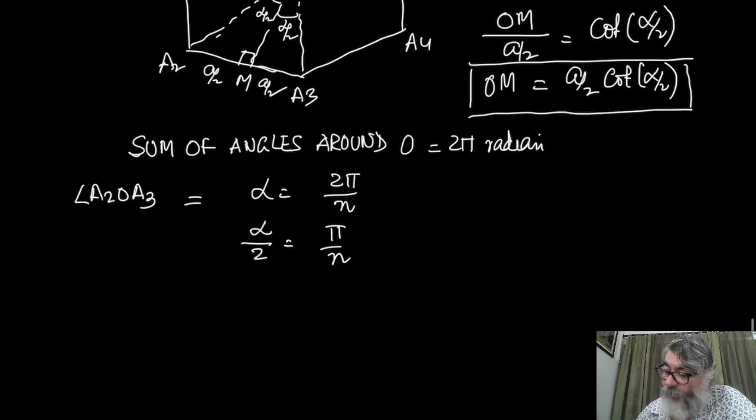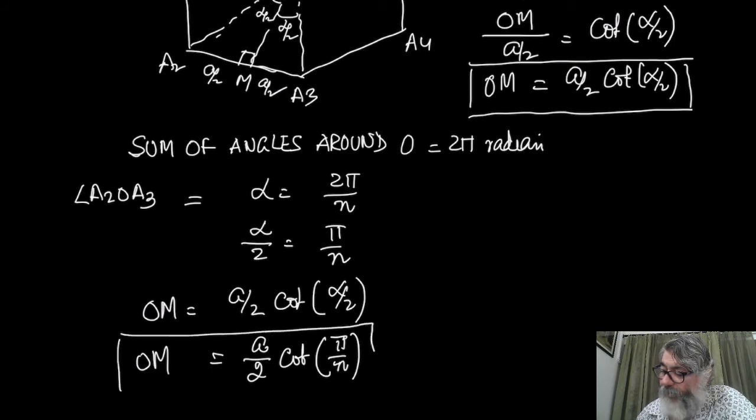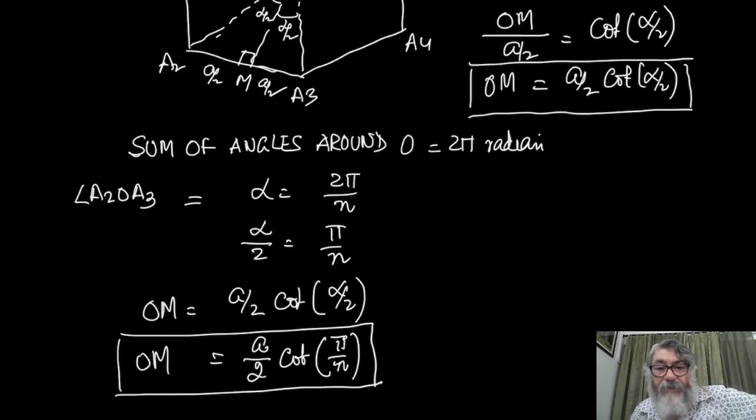And I can write OM as a upon 2 cot alpha by 2, or I can write it as a by 2 cot pi by n, where a is the side of the polygon, n is the number of sides of the polygon, and pi in radians, you are very well aware what it is.